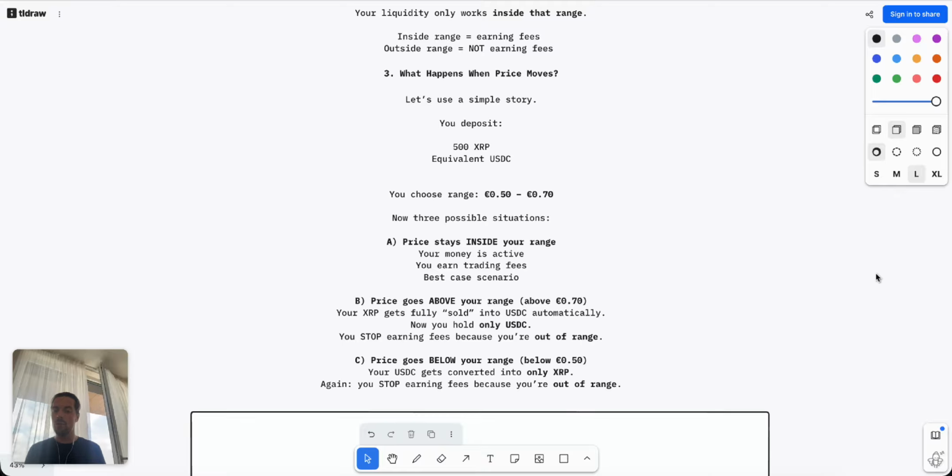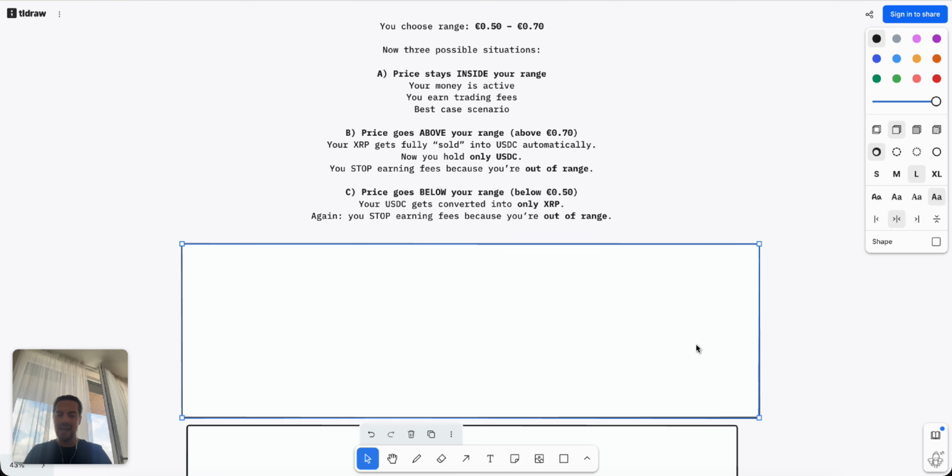So now you hold only USDC and you stop earning the fees because you are out of range. And C, the price goes below your range, which is below 50 cents in this example, your USDC gets converted into only XRP, so you only have XRP now. And again, you stop earning fees because you are out of range.